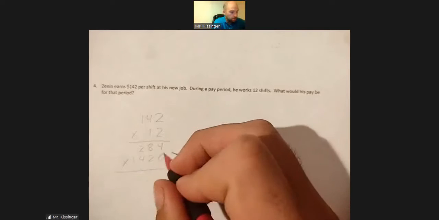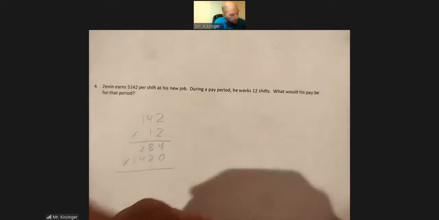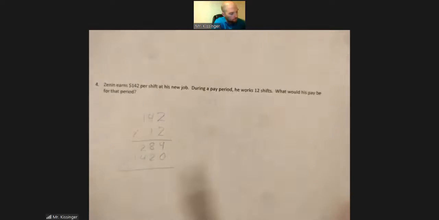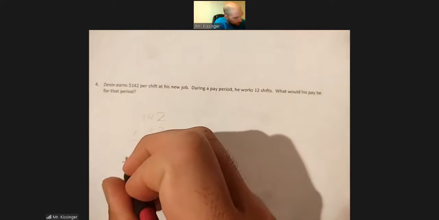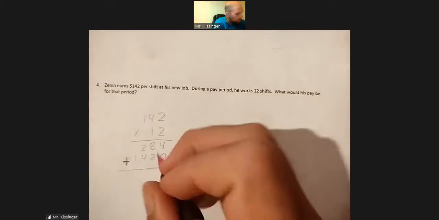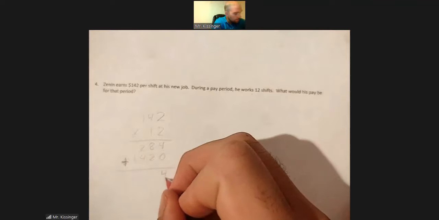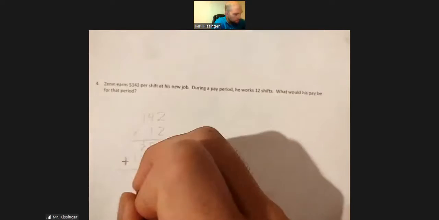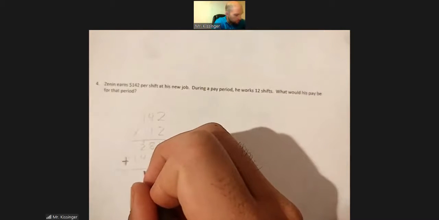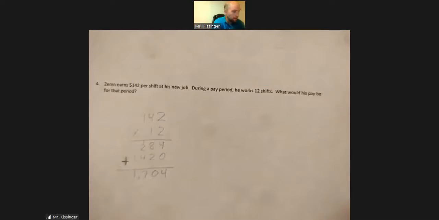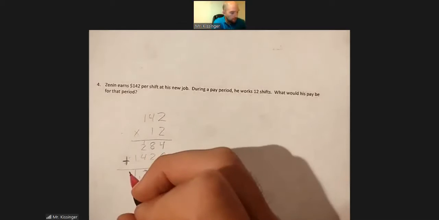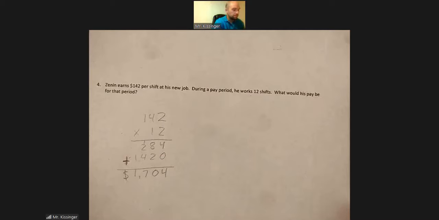And then we need to add them together. Oh, excuse me, do not put a multiplication sign there. Put in a plus. We get $1,704.